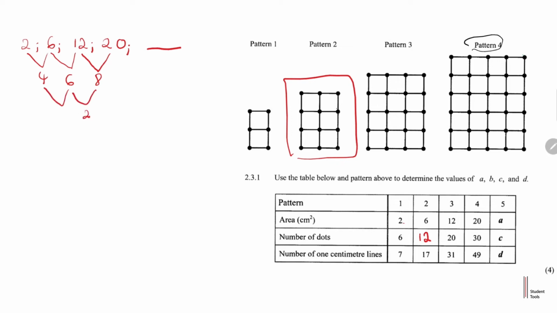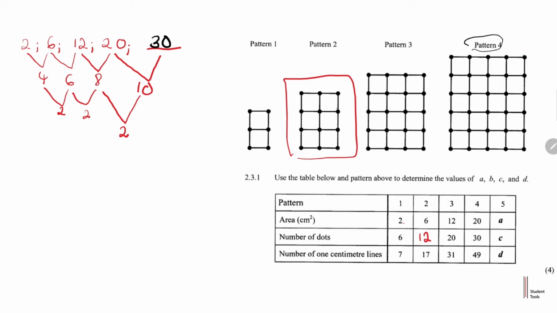That means if we were to find the difference between this unknown, which is A, and 20, we would get a 10, because the difference between 10 and 8 is also 2. So to find A, we add 20 and 10, which gives 30. So the value of A is equal to 30.